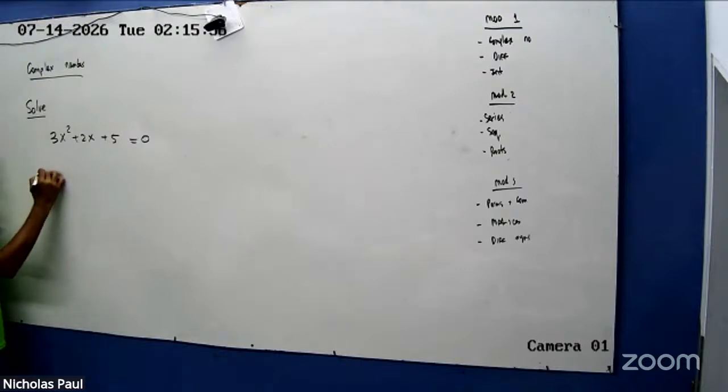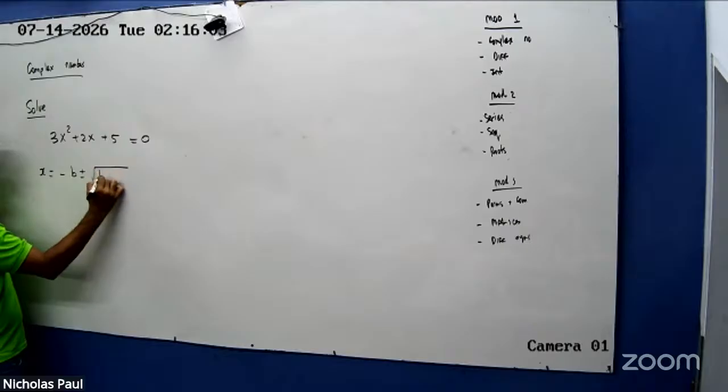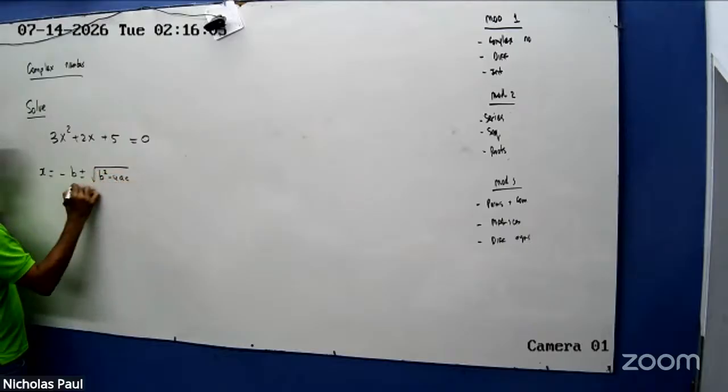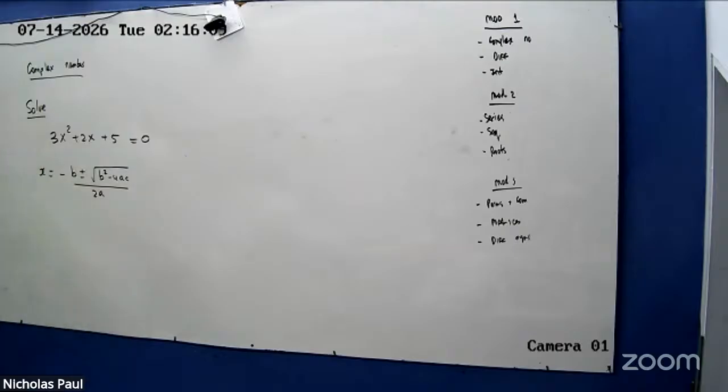For those who don't remember, I'll write the formula here for you: x equals minus b plus or minus the square root of b squared minus 4ac, over 2a. Right, we're doing it the long way.